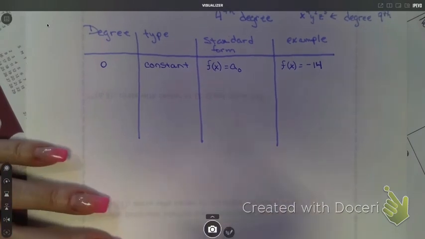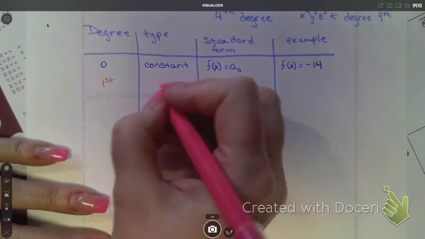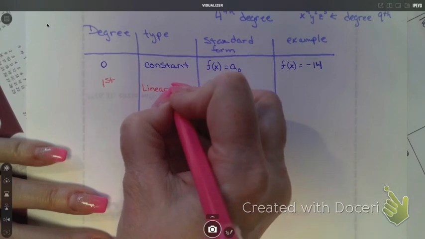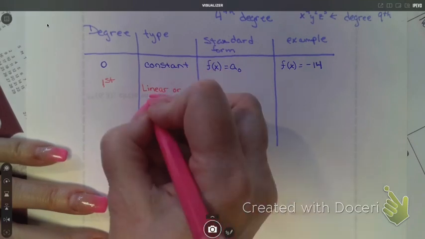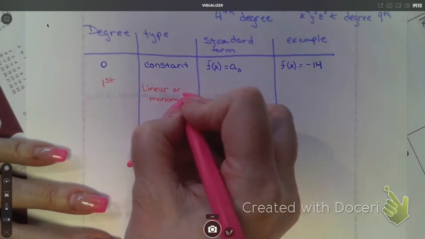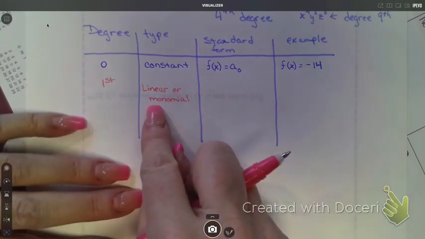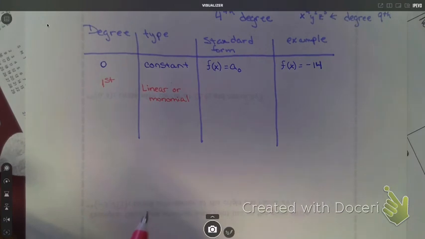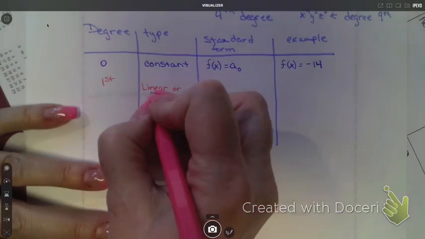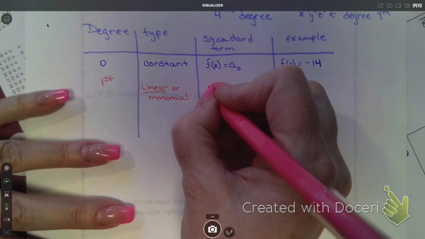So the next one is a first degree. It is called linear or a monomial. Monorail, like on a train monorail, it means one. But we typically will say linear. But you will hear mono once in a while.